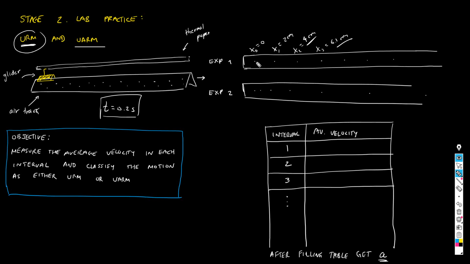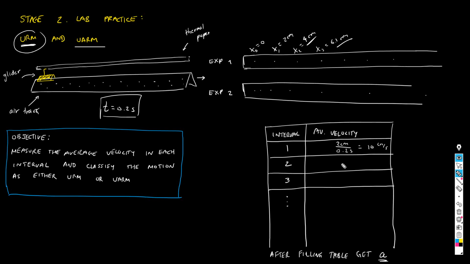Let's not suppose, what we have is 2 centimeters, right? So it's going to be 2 centimeters divided by the amount of time from this point to this point, which is 0.2 seconds. You're going to divide this over this, and in this case, it's going to be 10 centimeters per second. That's going to be the average velocity during this first interval.